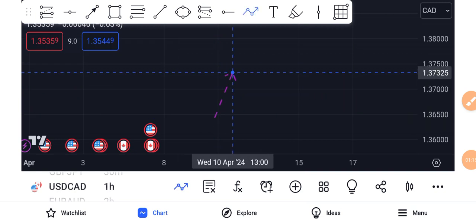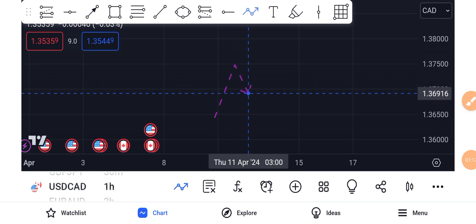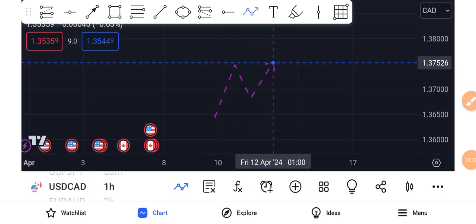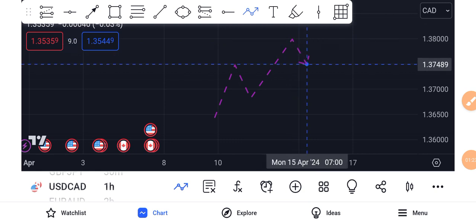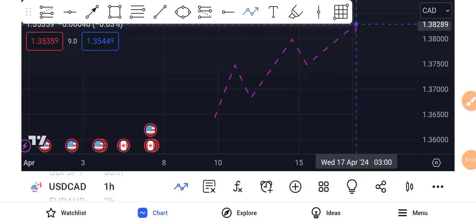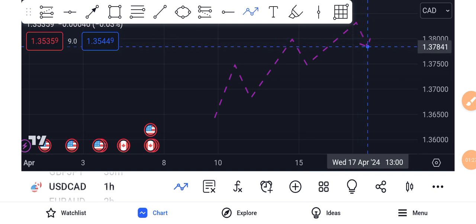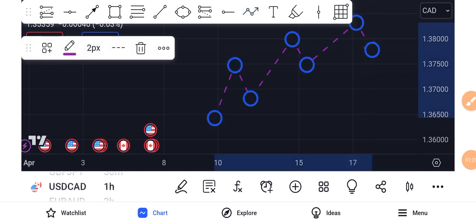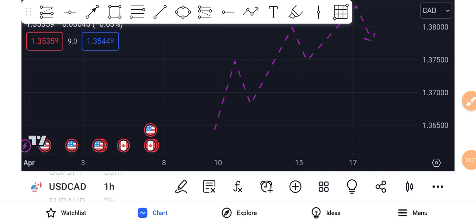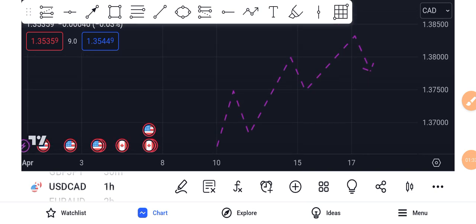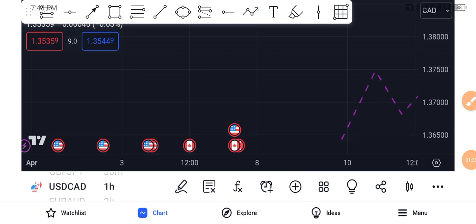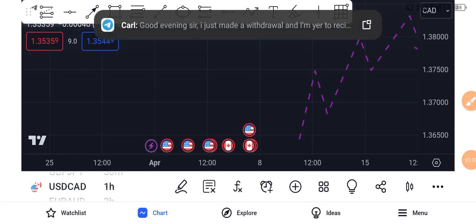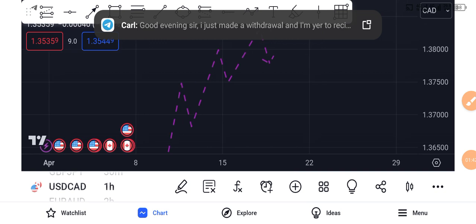We have higher high, higher low, higher high, higher low, higher high, higher low. Okay, now this is actually how candlesticks look.